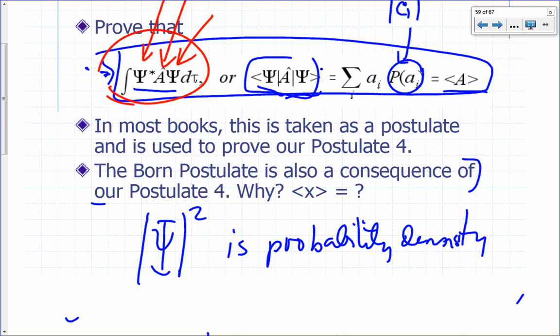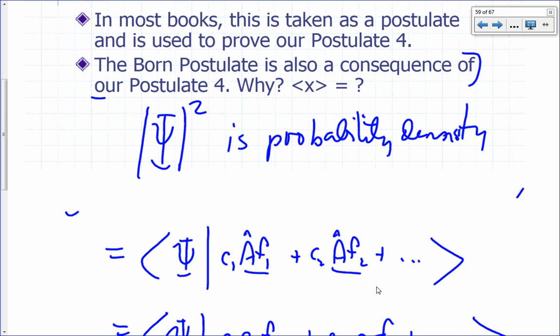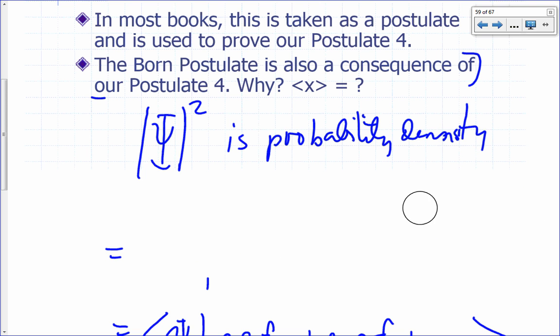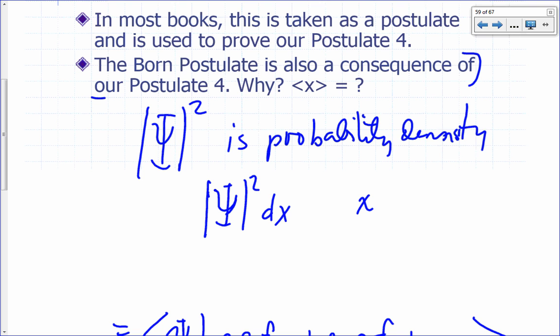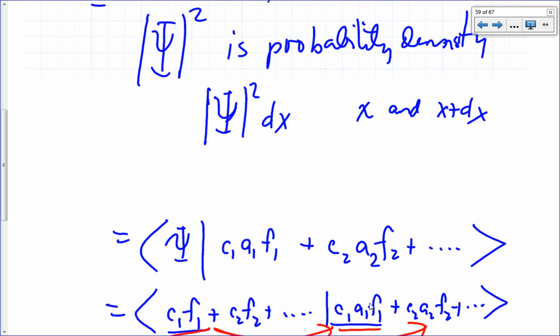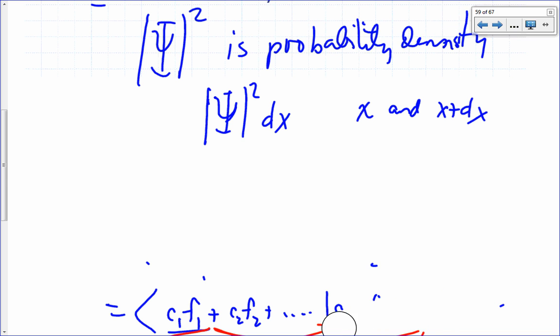More specifically, remember we said that absolute value of psi squared dx is the probability of finding that particle between x and x plus dx, right? So let's see why that is a consequence of this postulate. That's why we did not give a number to the Born postulate, because we can just derive it from here.